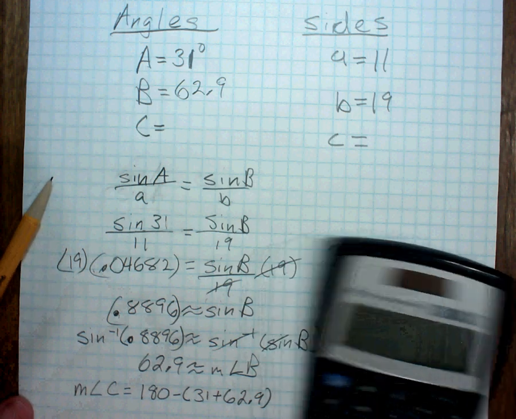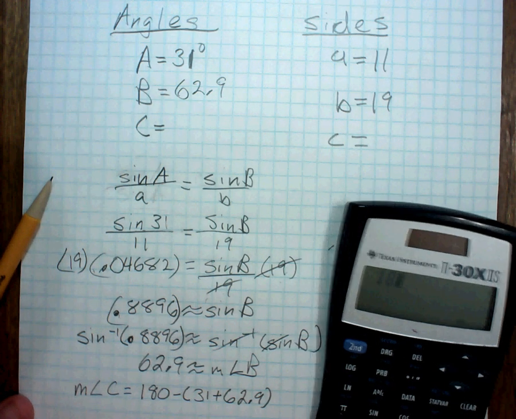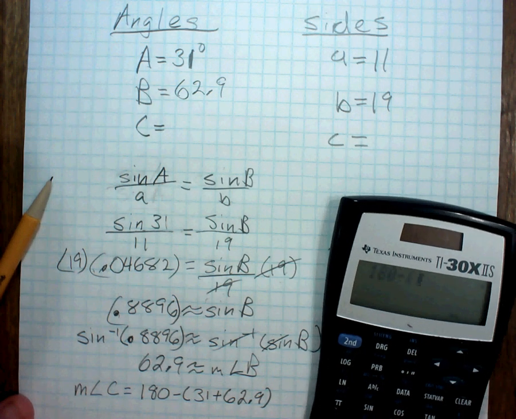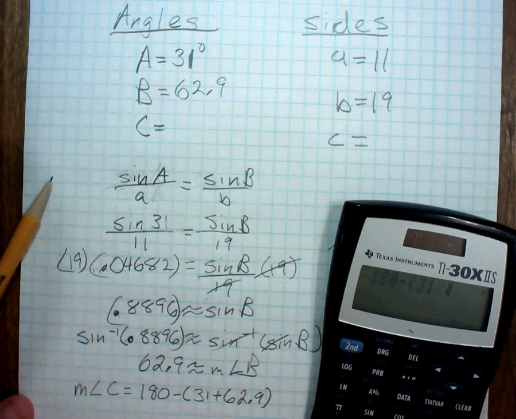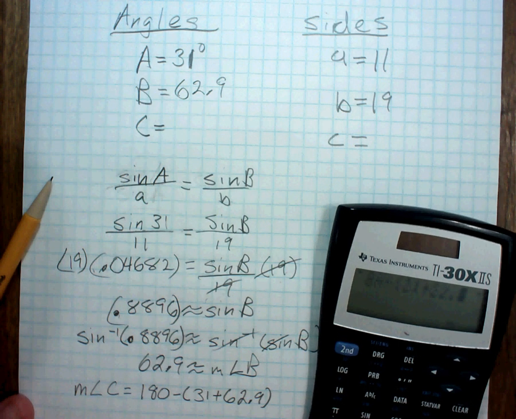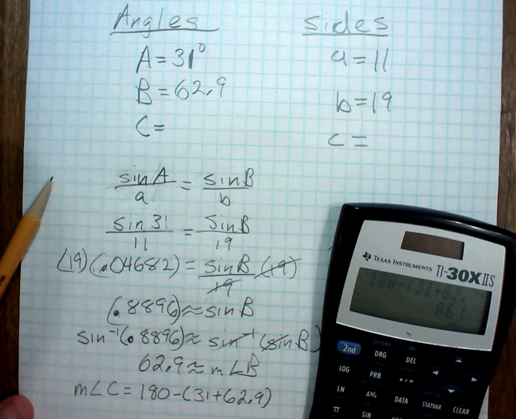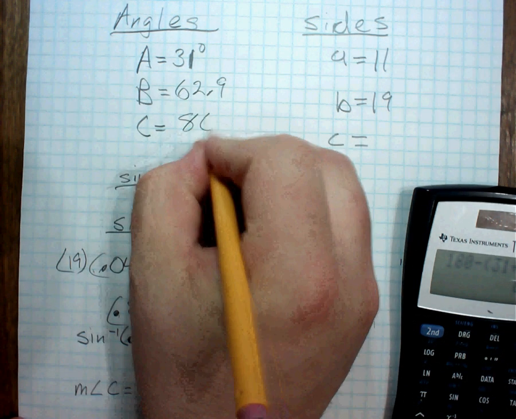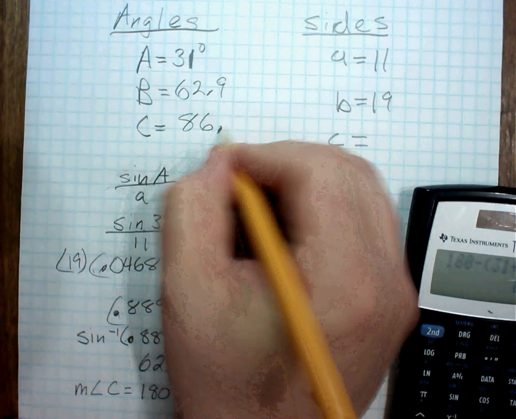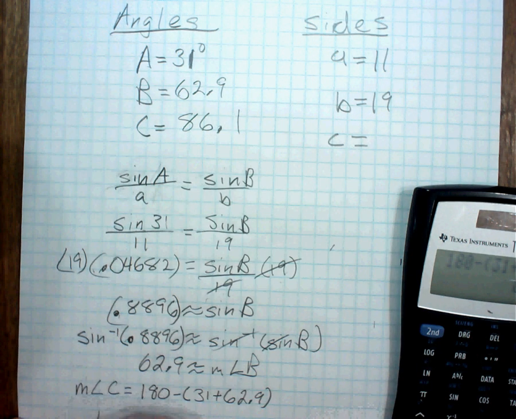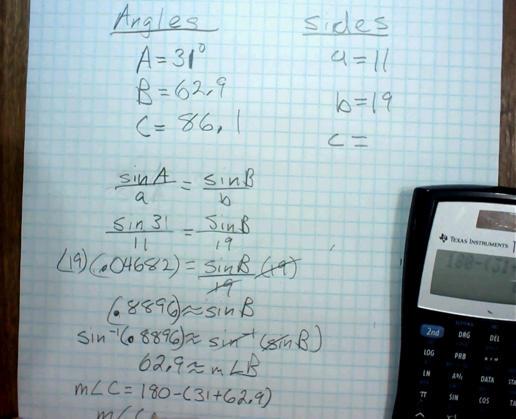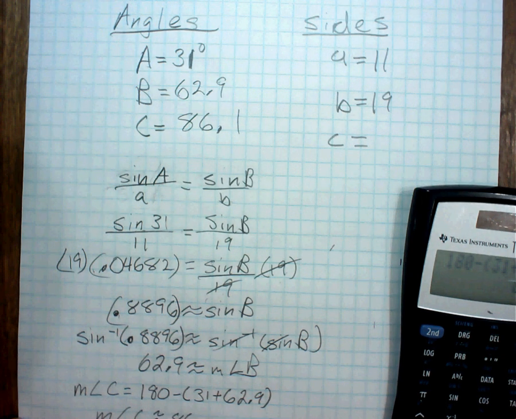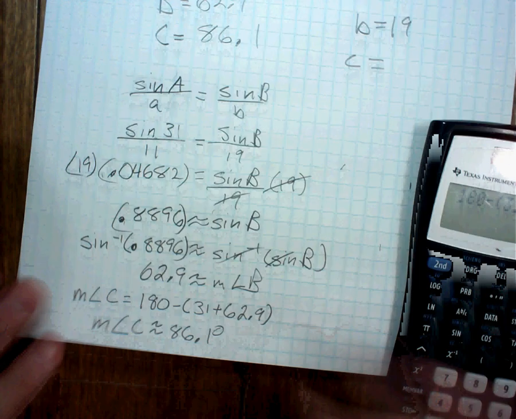So I'm going to put that in the calculator. 180 minus, in parentheses, 31 plus 62.9, close parentheses, and I get 86.1. So the measure of angle C is approximately 86.1 degrees. Okay.